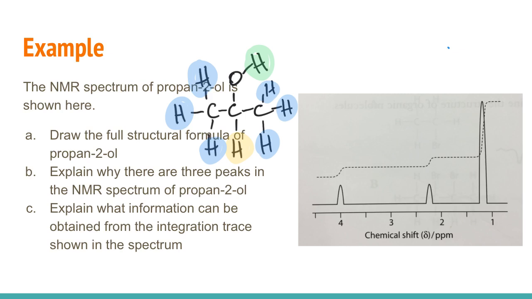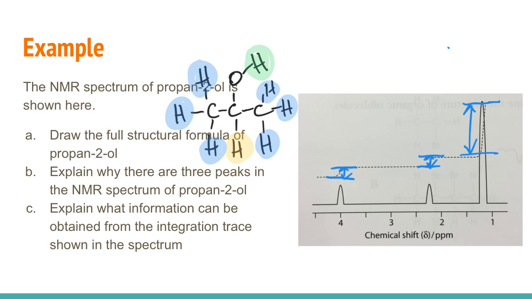Finally, information that can be obtained from the integration trace. We could go through with our ruler and measure here. So we could measure this distance, this distance, and then finally this distance here.